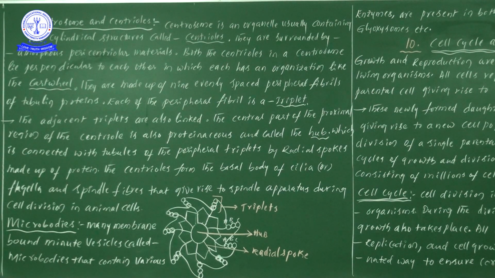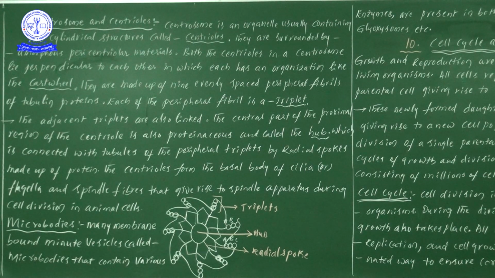Suppose in a NEET examination they ask regarding the number of microtubules, there we have to put 9 into 3. Why? Because a triplet has 3 microtubules together. So the number of microtubules here is 9 into 3, totally 27.